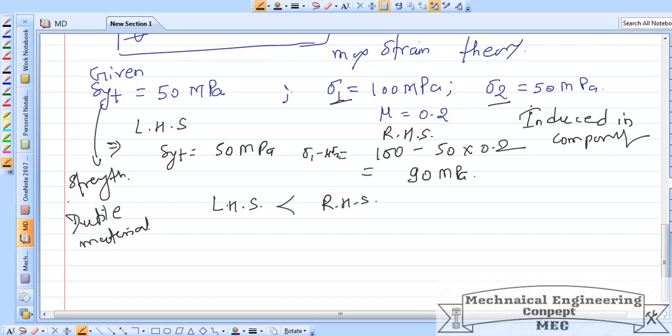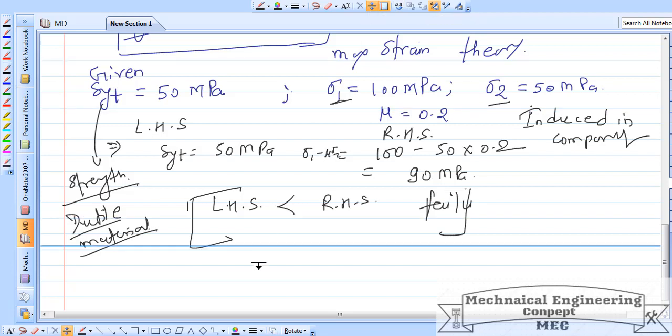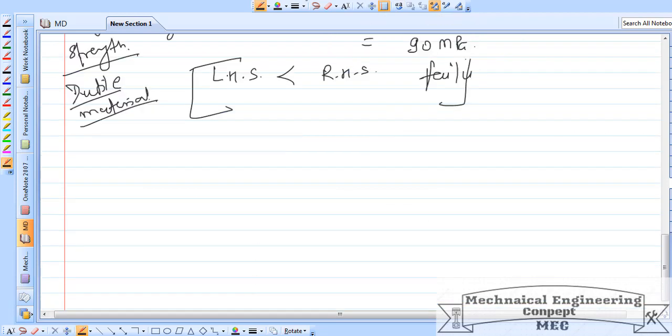If we apply stress in a component more than the strength of the component, then the component will fail. So for safe design, we need to take more strength, or we need to consider less amount of stress in the component.